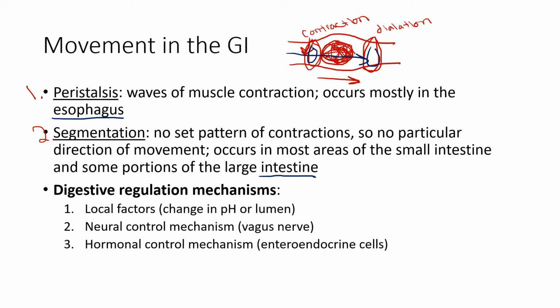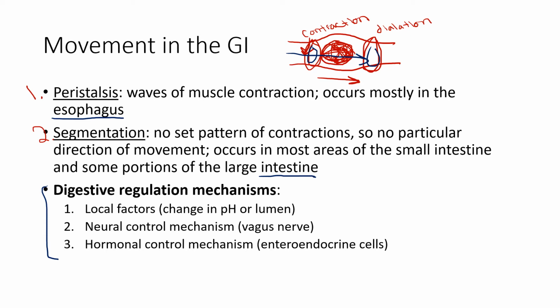Coming down here, we do have the digestive regulation mechanisms. So how I will explain it is that you have a few ways that your body is going to control how you digest food. The first one is going to be local factors. You may have a change in your pH in the lumen as food is moving through.